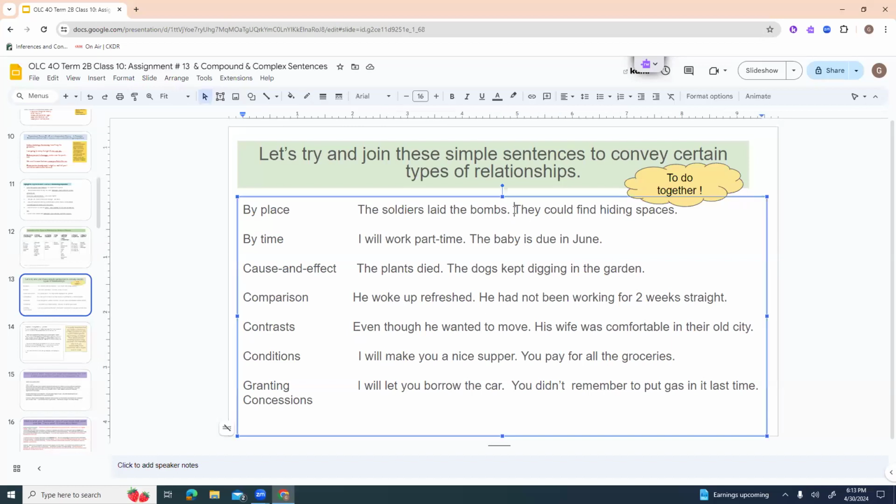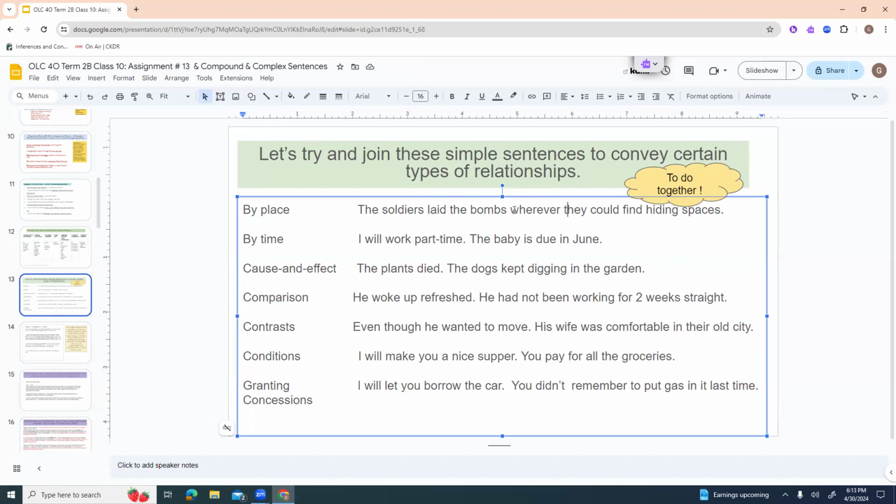The soldiers laid the bombs wherever, maybe there's only one E, wherever they could find hiding spaces. And see, when I do this, the second sentence now has to have a lowercase instead of a capital because it's become part of a bigger sentence and it's no longer the first word in a sentence anymore.